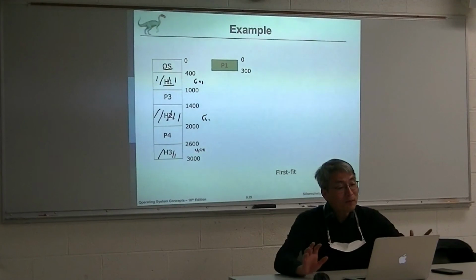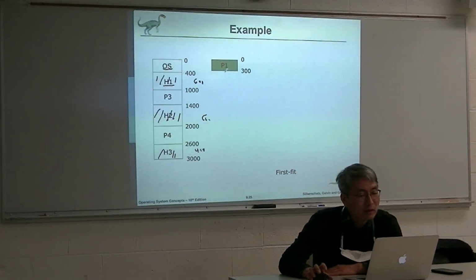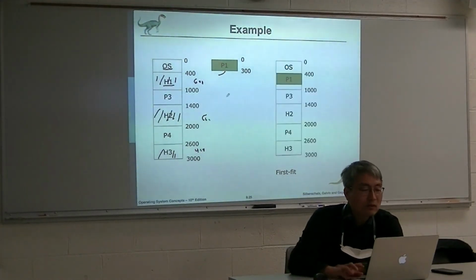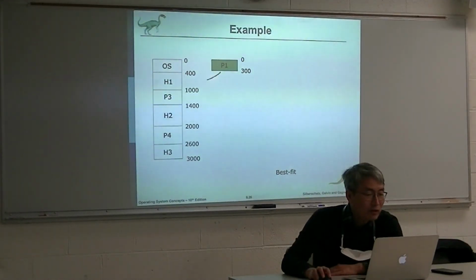Using first fit, we have the new process P1. Which one will be allocated? H1, H2, H3. First, H1. Because it's from the lower address, this is the first fit. So like this one. Then using best fit, which one will be allocated? H3. H3, because if I use H1, 300 will be free space, right?